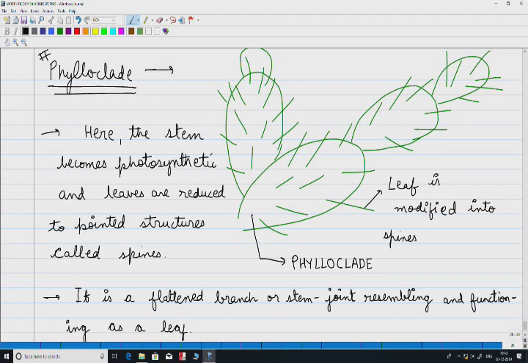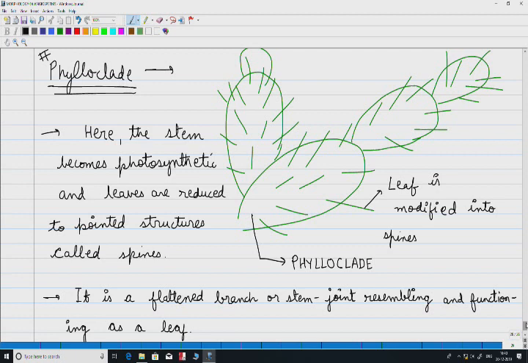Now let us continue with what is cladode. Cladode is a very juicy appendage. I'm telling juicy because this adaptation can be cooked as a food material.